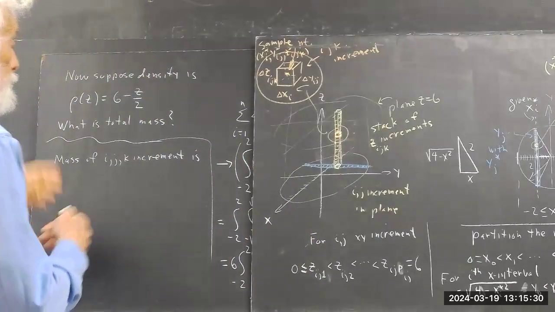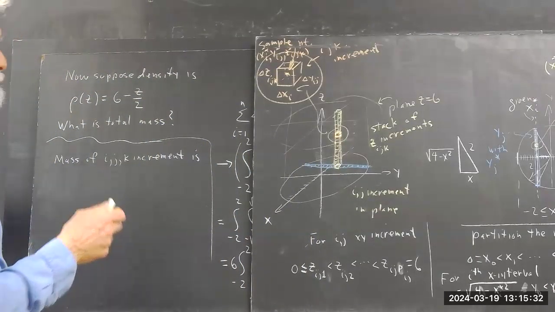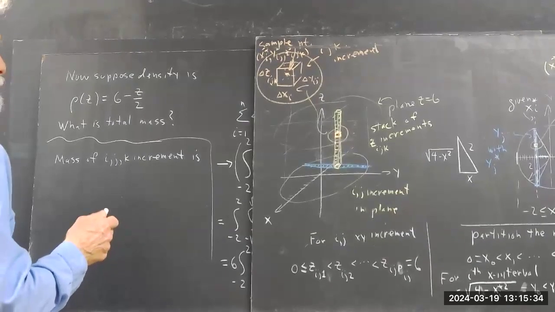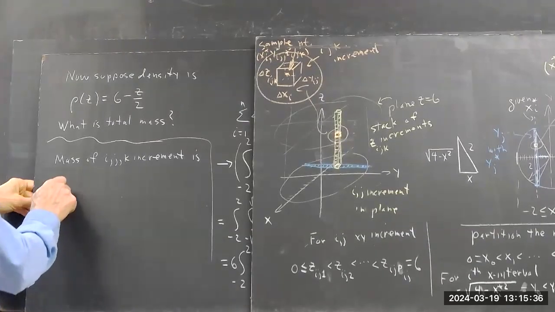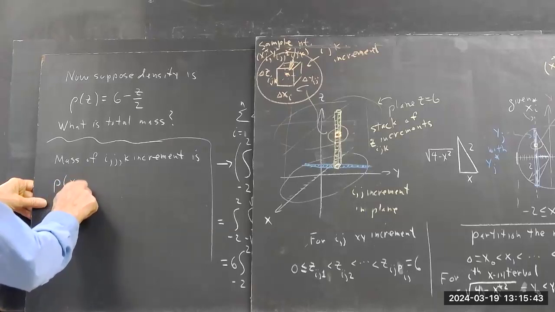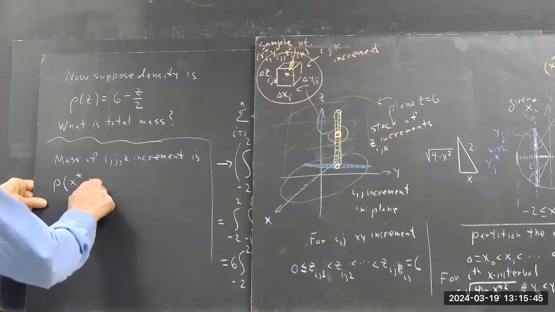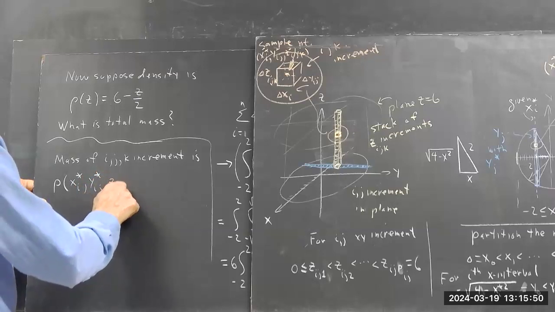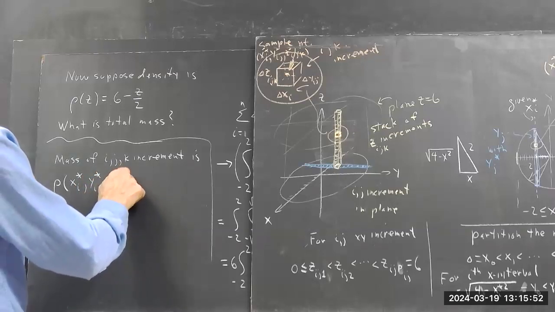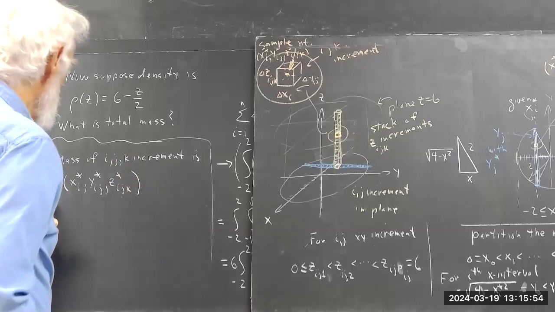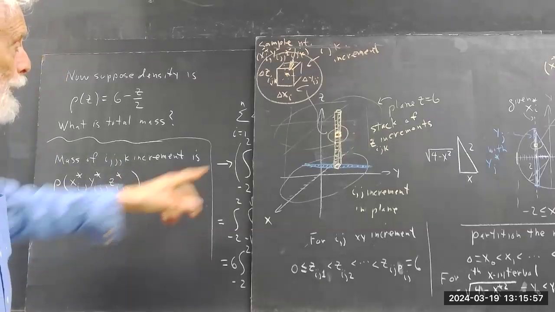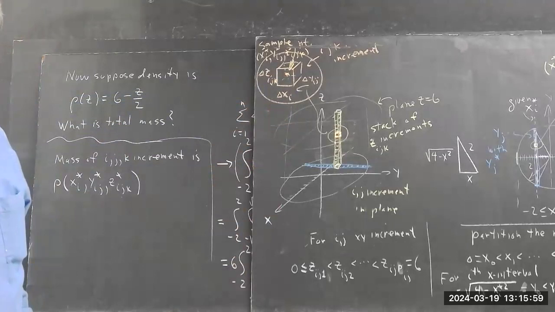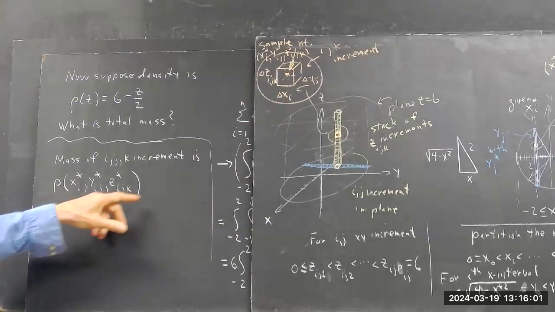The IJK increment mass is your density at your sample point. I said I was going to write out the sample point coherently.